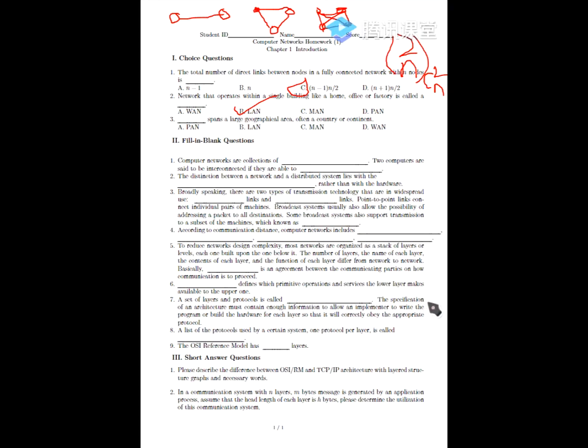The specification of an architecture must contain enough information to allow an implementer to write the program or build the hardware for each layer so that it will correctly obey the appropriate protocol. So a set of layers and protocols is called network architecture.